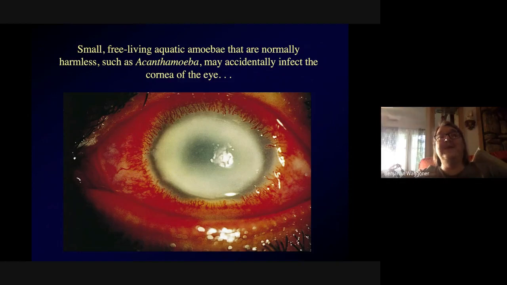But if you get them in your eye and they don't get washed out, like, for example, if you keep your contact lenses in too long and you don't clean them, or if you clean them with a contaminated solution, you can get acanthamoeba causing infections of the cornea of your eye, which can cause blindness if you don't get it treated. So that is a rather nasty case of acanthamoebic keratitis. So yeah, if you wear contacts, keep those things clean, or you'll end up with that.